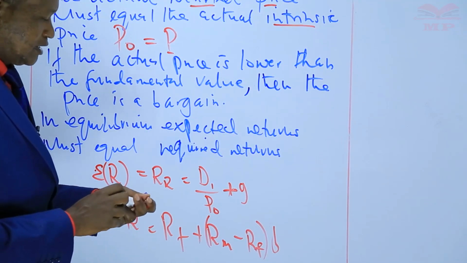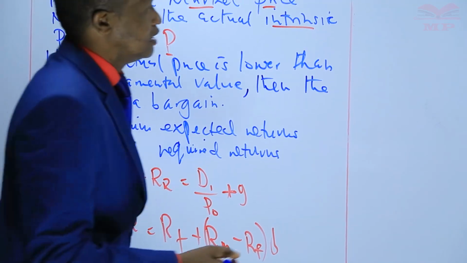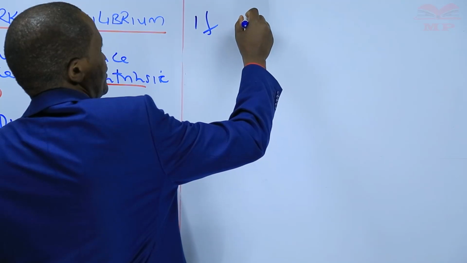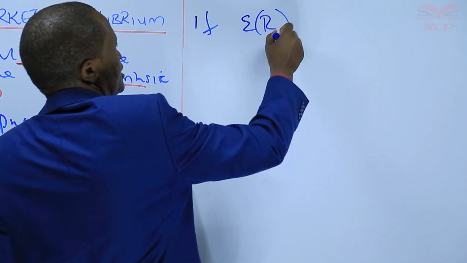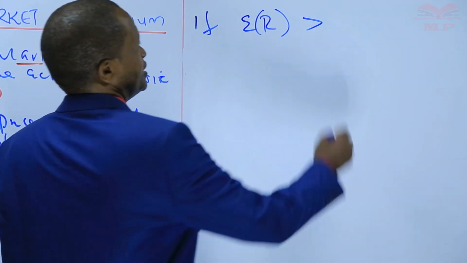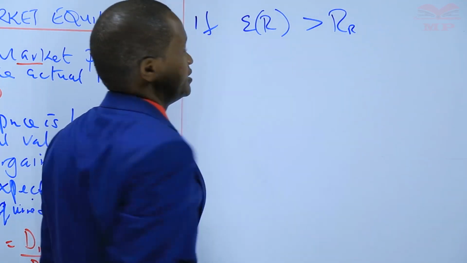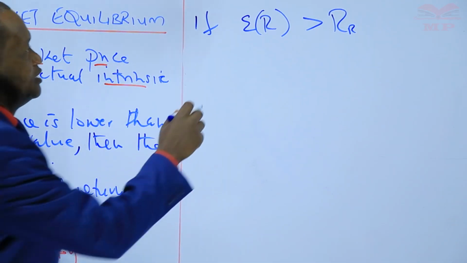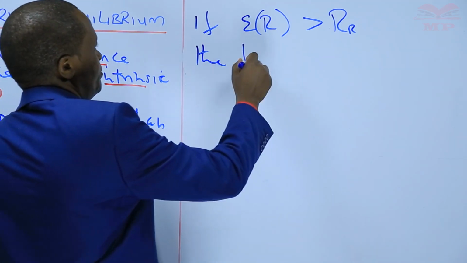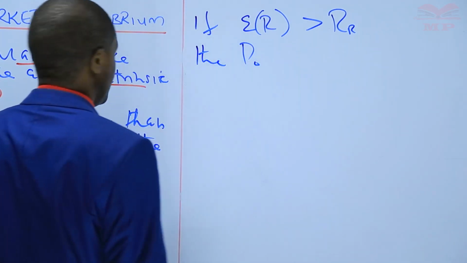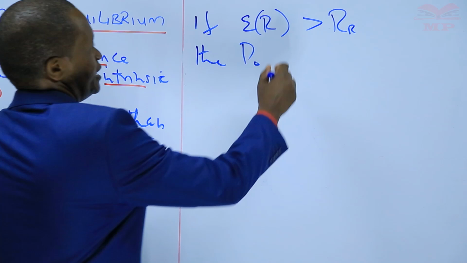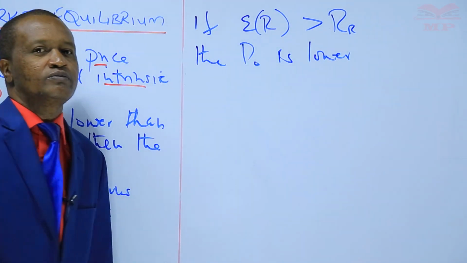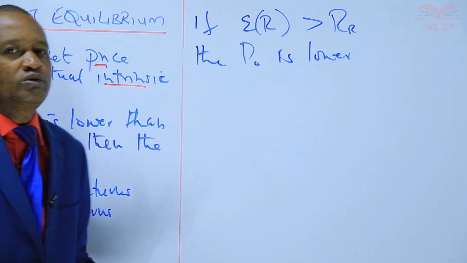Now, if the expected return is greater than the required return, then the market price P naught is too low.